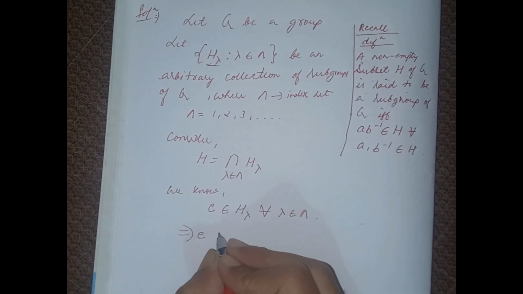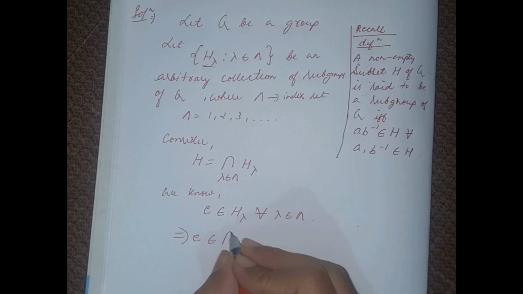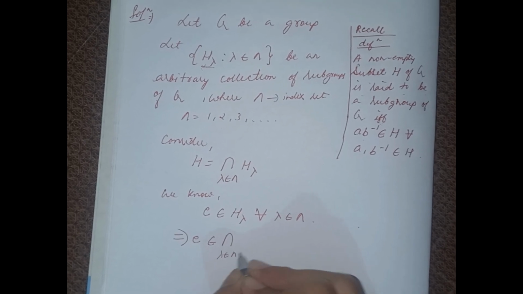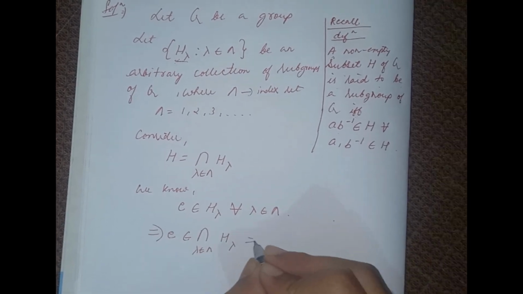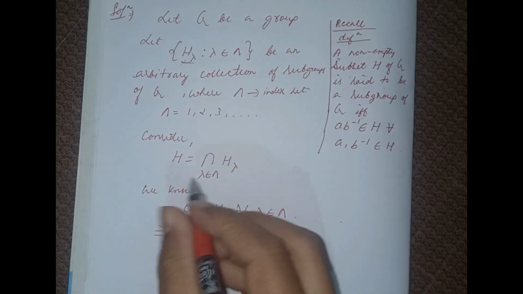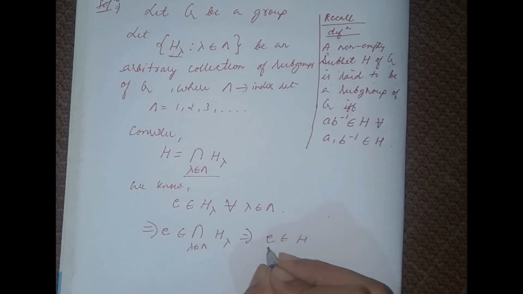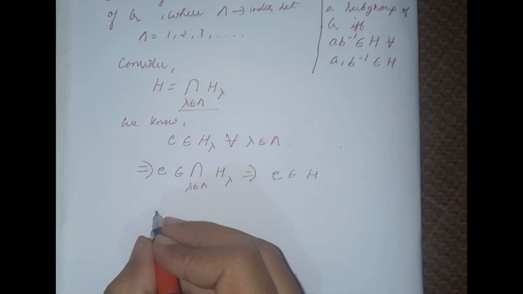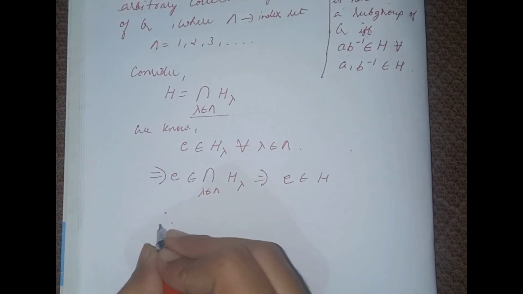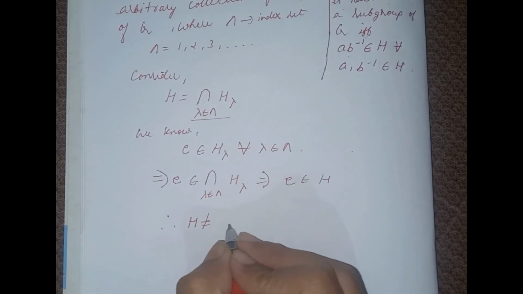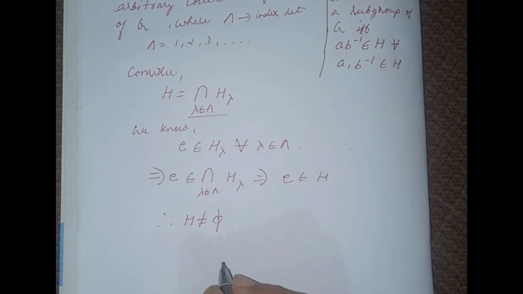So E will belong to the intersection, which we have considered to be H. So E belongs to H, which means therefore H is not an empty set.